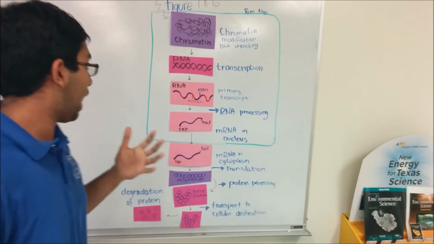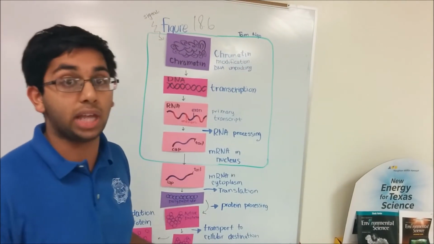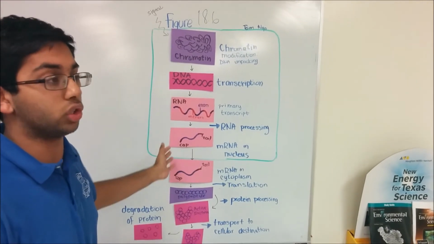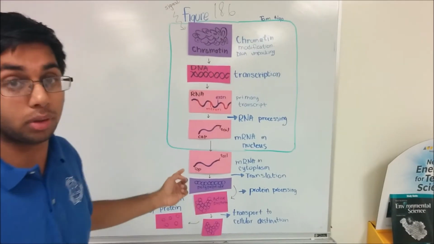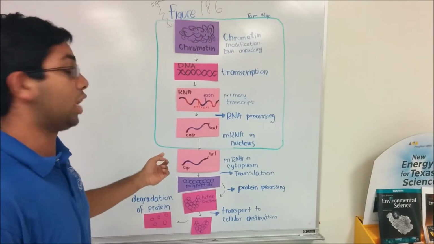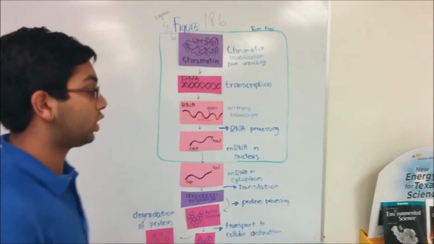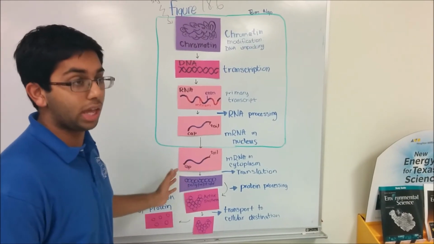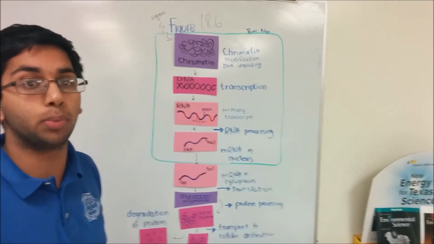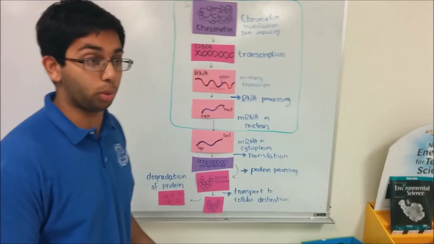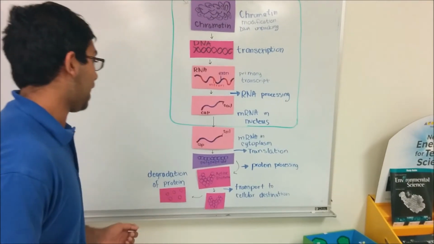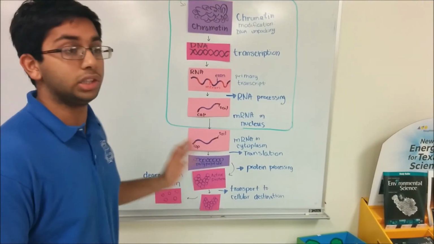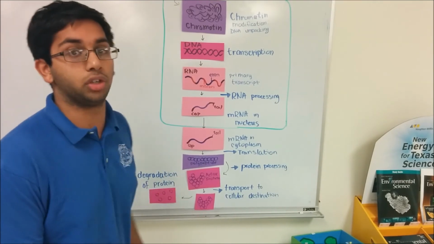After the RNA is processed, you have to add a poly A tail, which will help the mRNA leave the nucleus, and also a 5' cap, which keeps the mRNA from degrading. After that, it leaves the nucleus and is translated into polypeptides, and the polypeptides can either come together in groups to make a useful protein, or by themselves make a protein. And that active protein can either be degraded after its use, or later be transported to other cellular destinations.